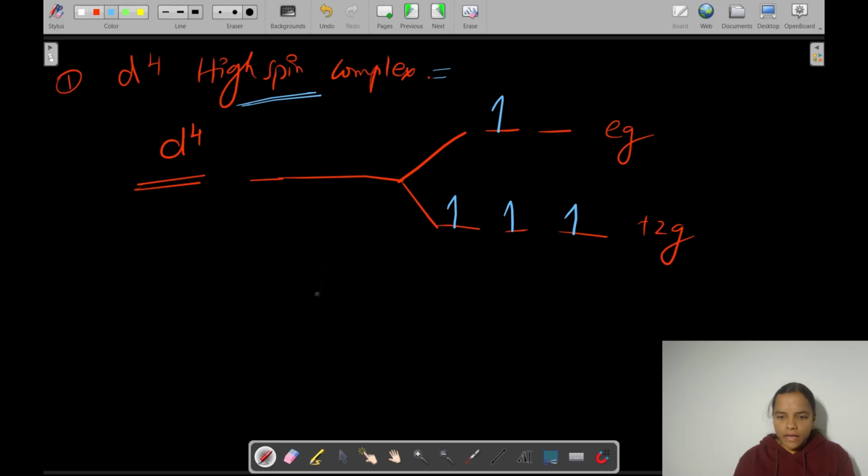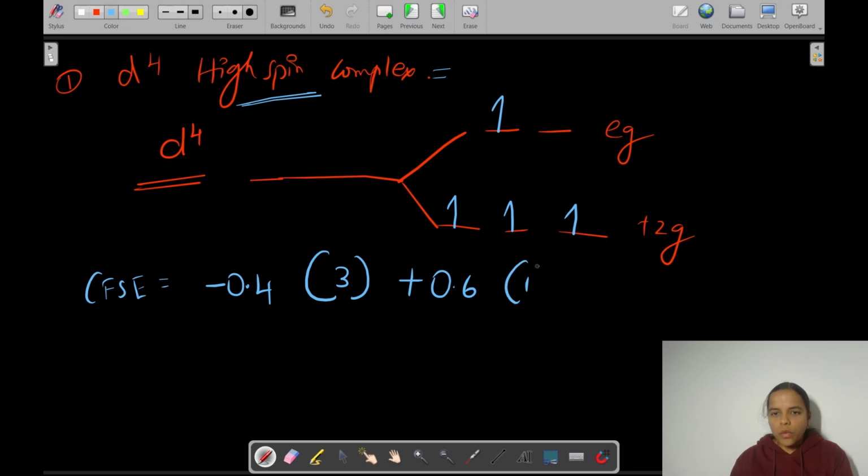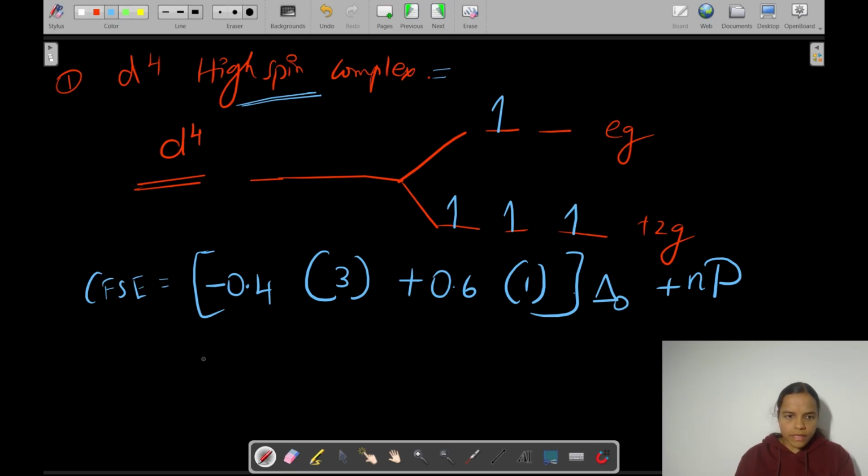So now we calculate the CFSE value: minus 0.4 into the number of electrons in the T2g orbital, which is 3, plus 0.6 into 1, times Δo. In case any pairing has taken place, we need to add the number of paired electrons times the pairing energy, which did not happen in the high spin complex here.